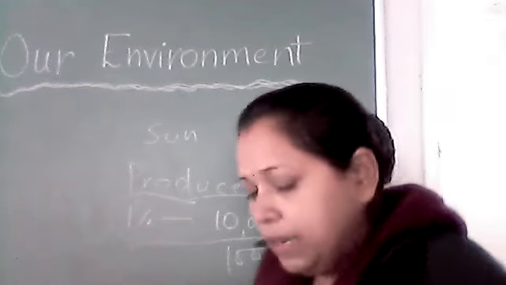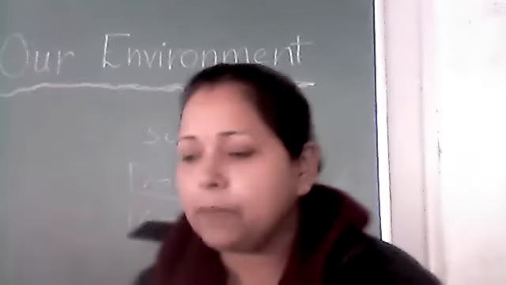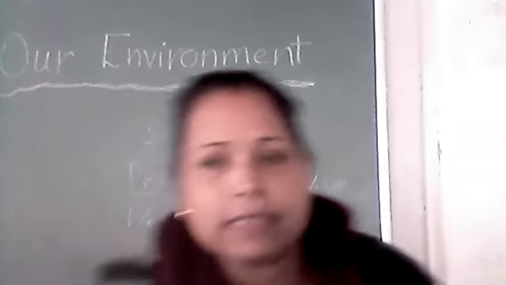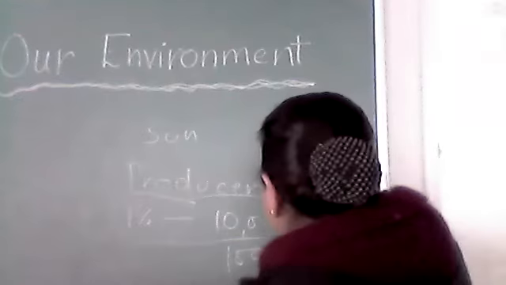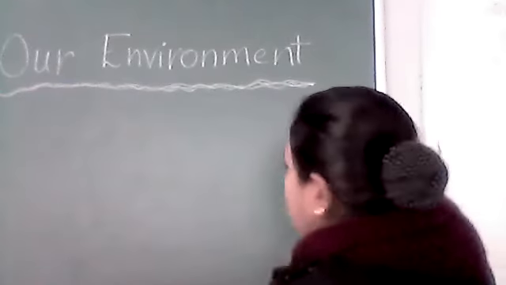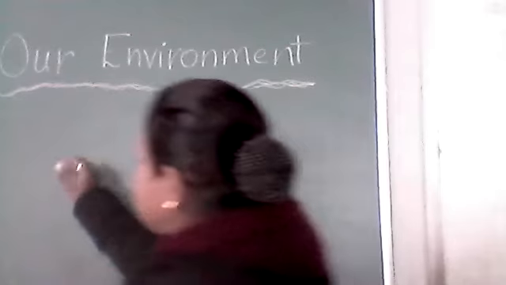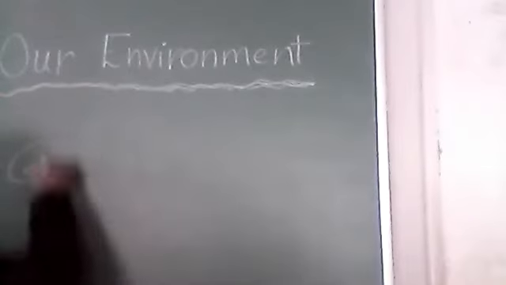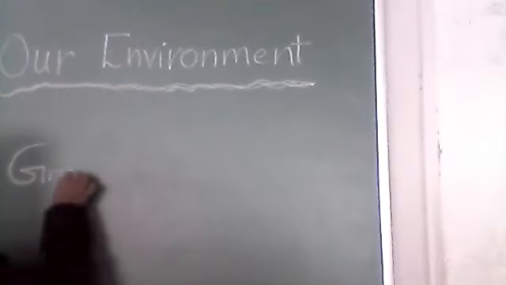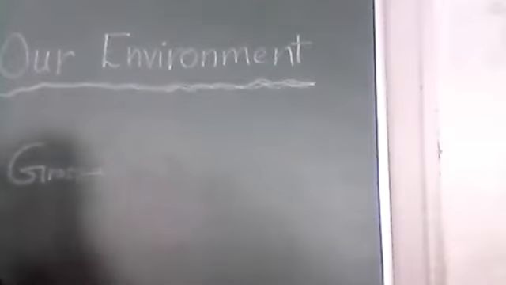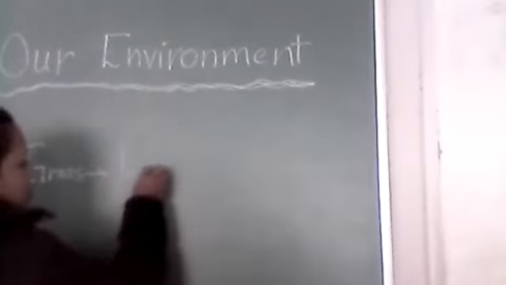Now let us take the example of a simple food chain. Yesterday we took a simple food chain. So here I am taking one simple food chain. The first one is grass; let us denote grass simply by G. Grass is consumed by insects.